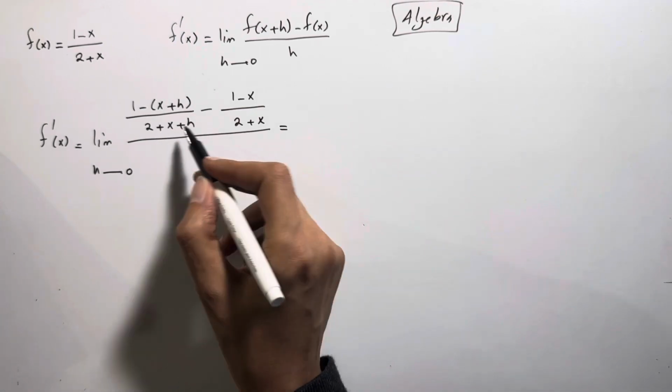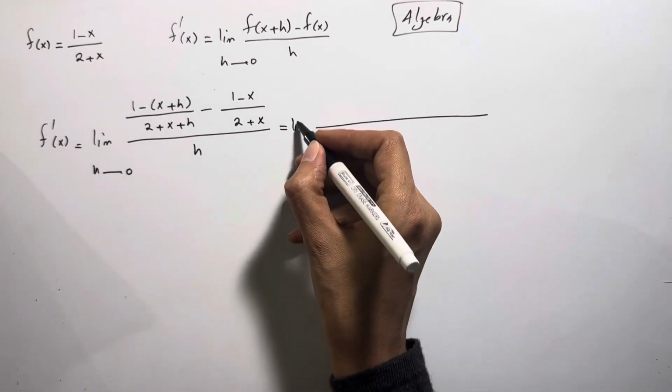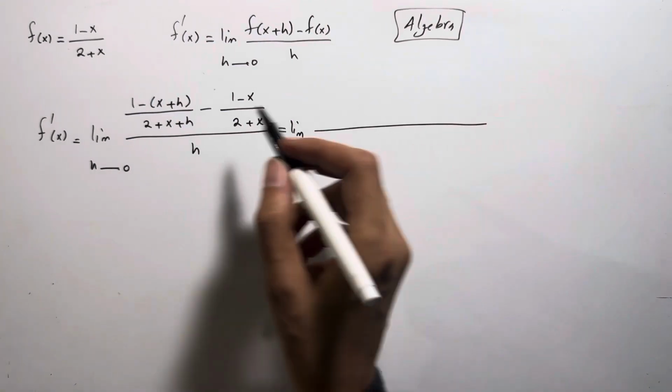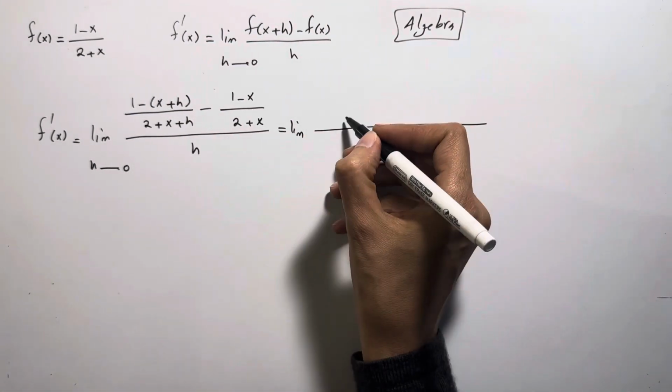So here you can take the common denominator. The common denominator, let me write down the limit as well, is going to be 2 plus x times 2 plus x plus h.